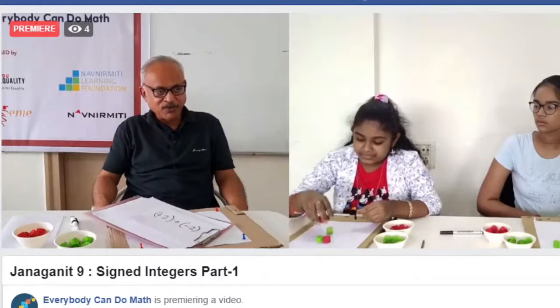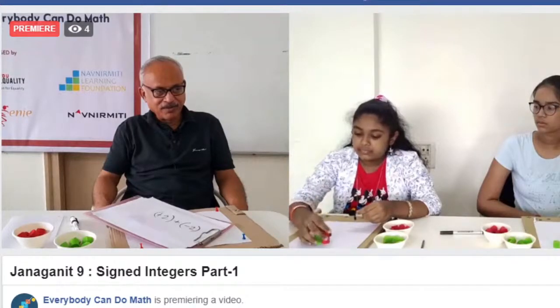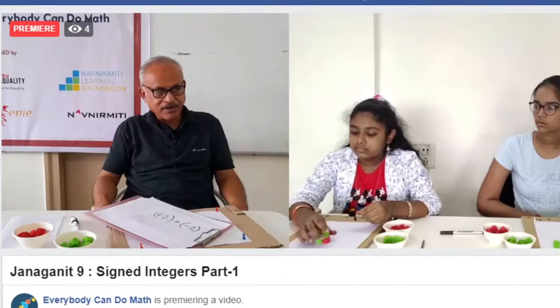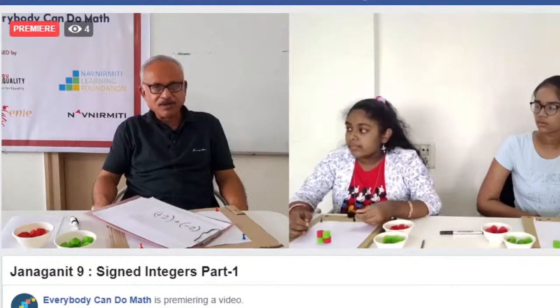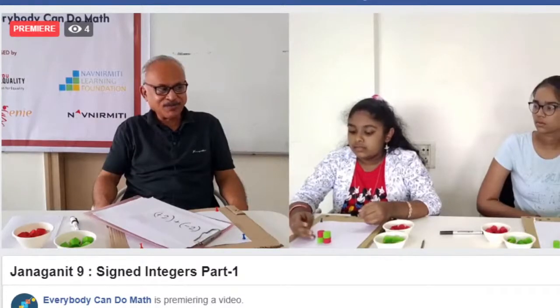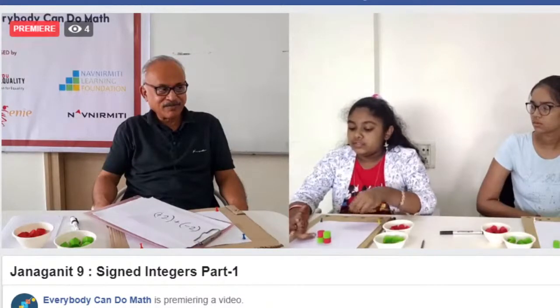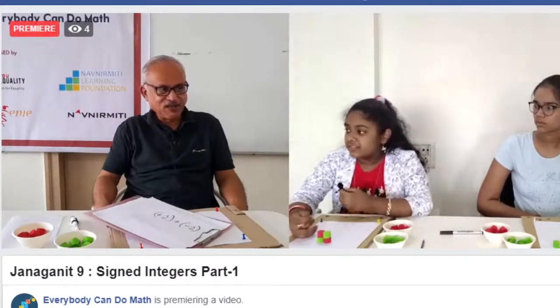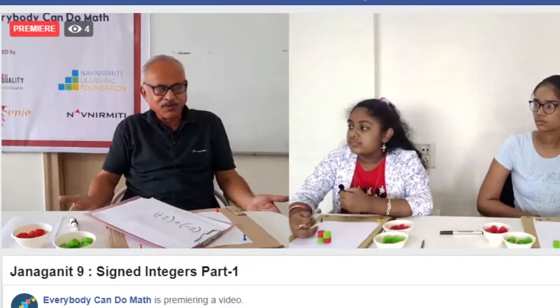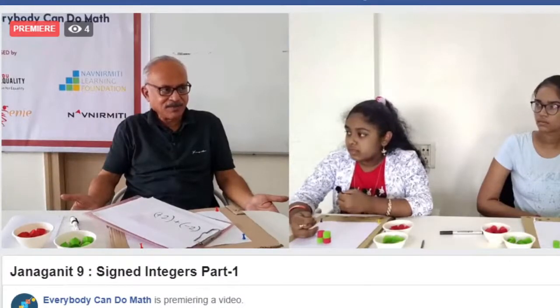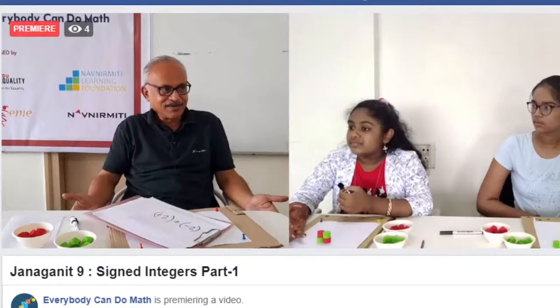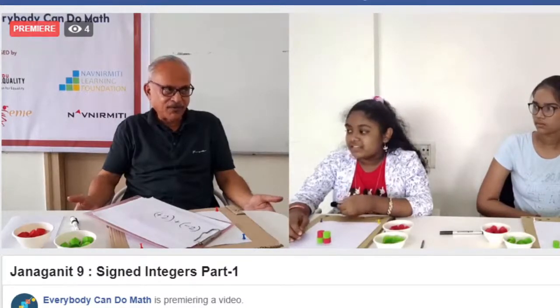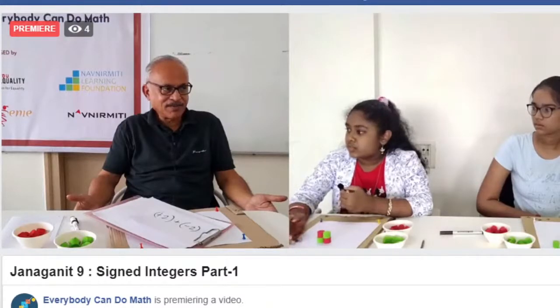Okay. So keep it back. And remember my question to you. I'll repeat the question. How many zeros do you have in your account now? 2. 2 zeros, right? You have made 2 zeros, but the value of 1 zero is 0.